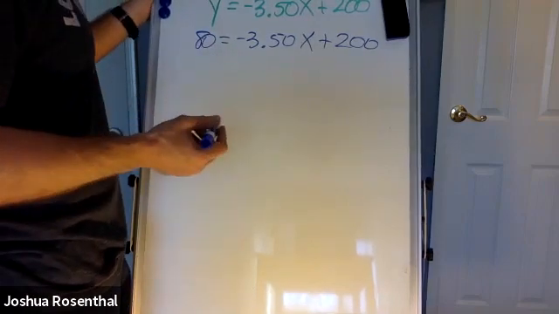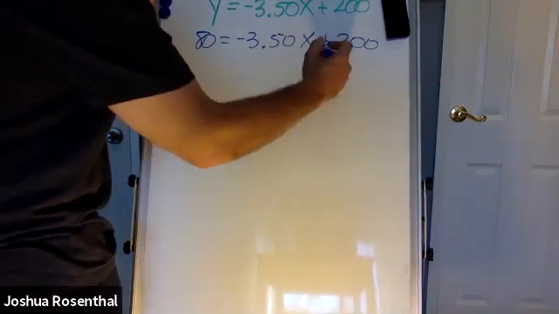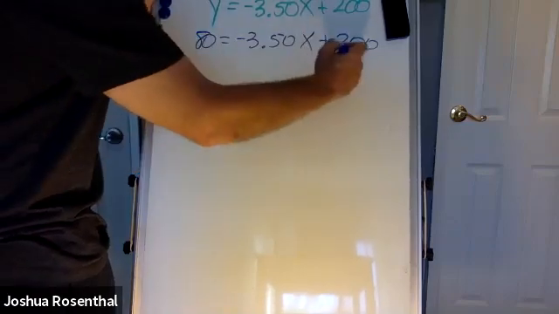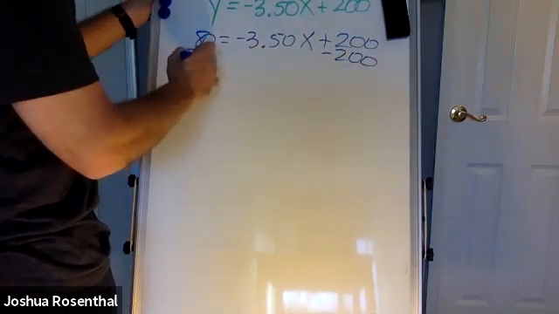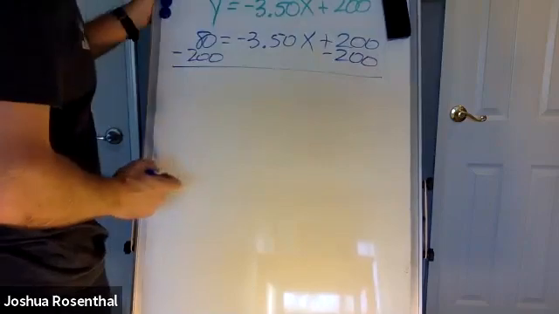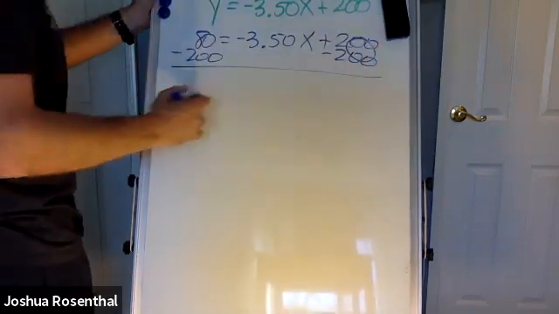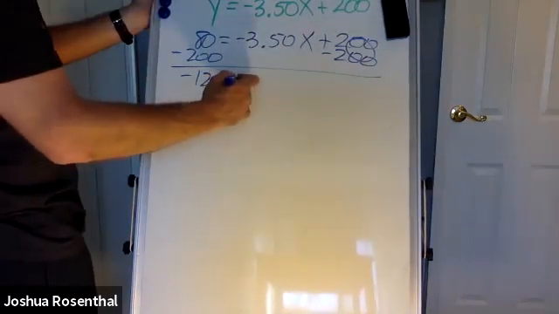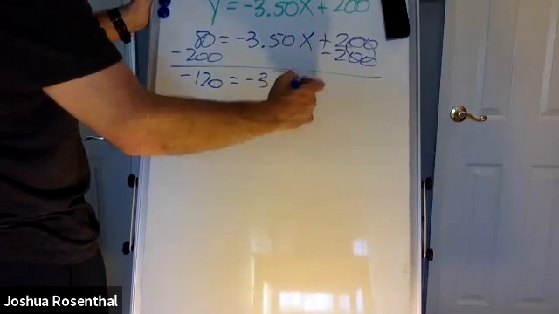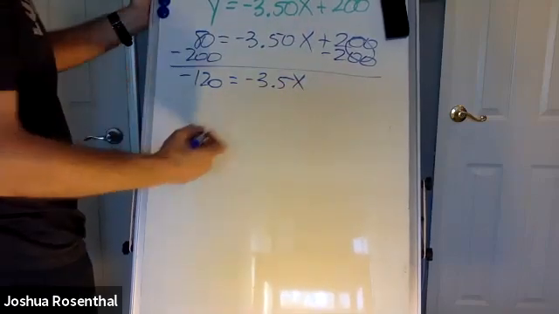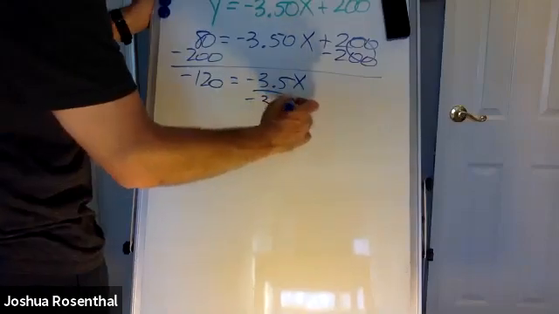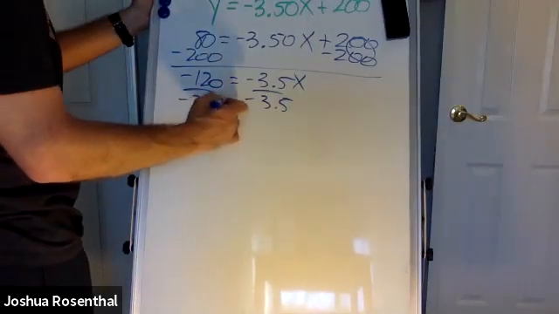Never mind. Okay, watch this. I would solve this to find, negative 120, divide by negative 3.5. A negative divided by a negative is a positive.